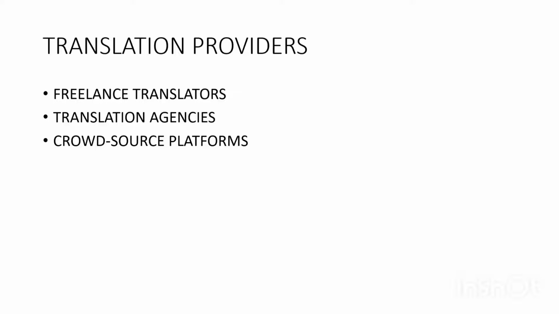Then, right now in this modern era, there are several types of translation providers, and those are all humans. So, where is human translation right now in terms of translation providers? We have the freelance translators, who work individually in the field of translation or the translation markets.